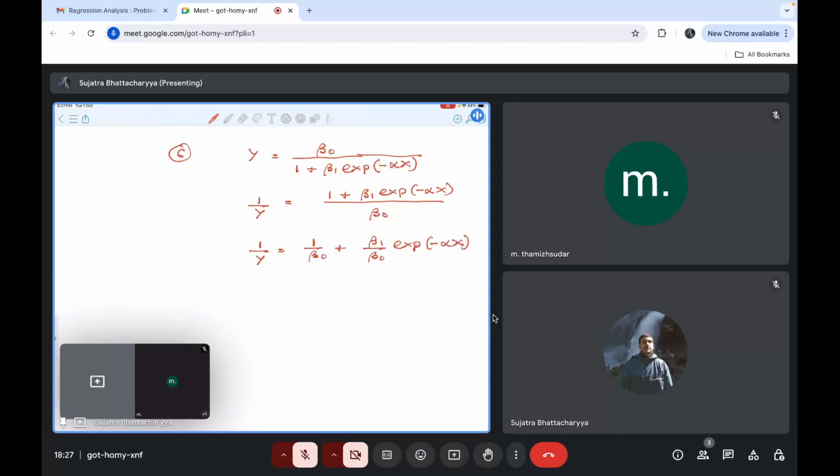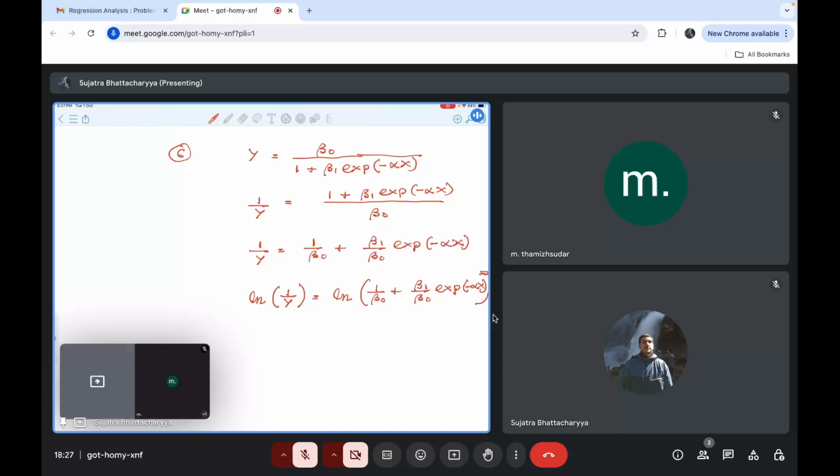Now, still the x and y are not completely separated. So, can we take log and remove the exponential? But the thing is, whenever you take log, suppose log of 1 by y, look at the right hand side. It has 1 by beta naught plus beta 1 by beta naught exponential of minus alpha x.